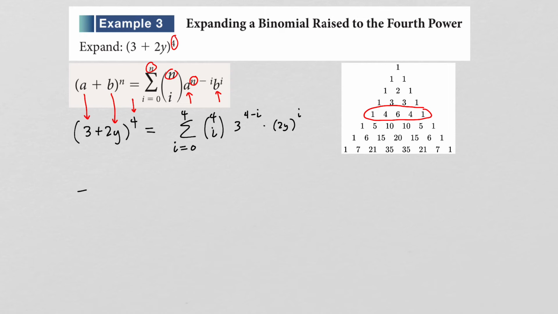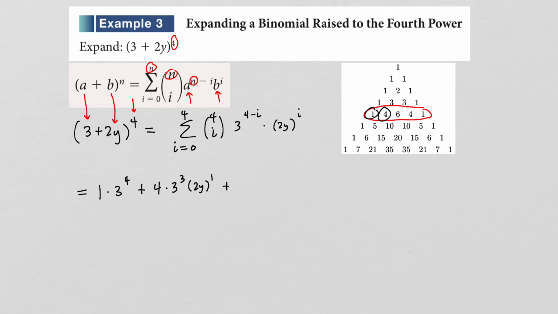So here we go. What we're going to have is 1 multiplied by 3 to the fourth power, plus 4 multiplied by 3 to the third power, and then 2y to the first power. So again, the power of 3 decreases every time, and the power of 2y increases every time.